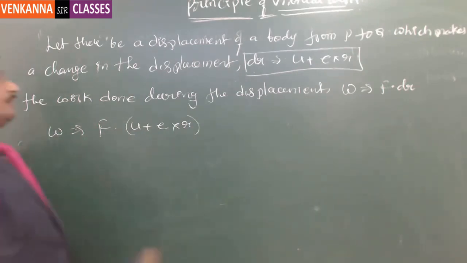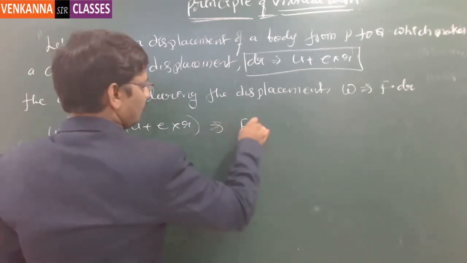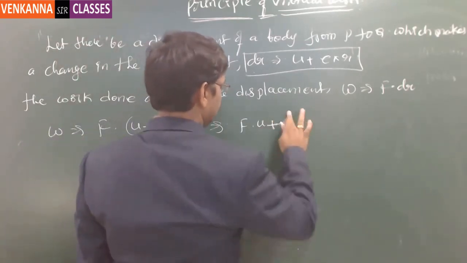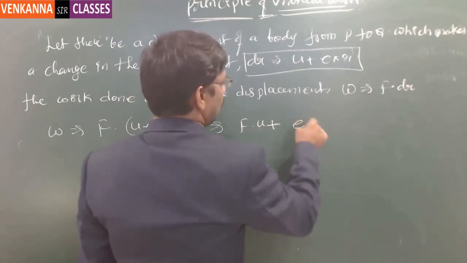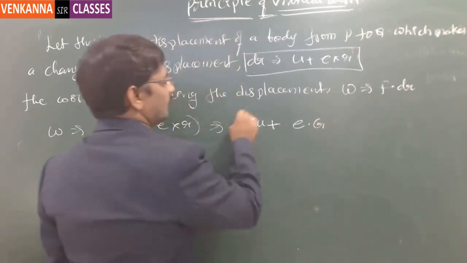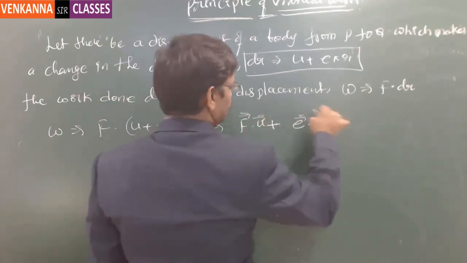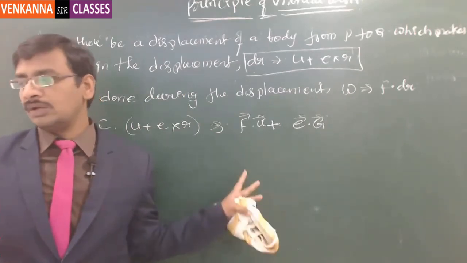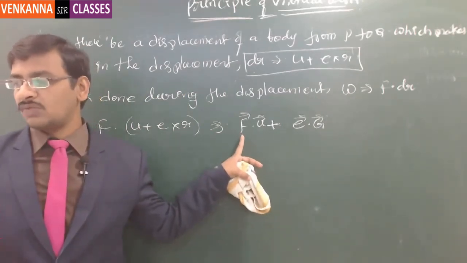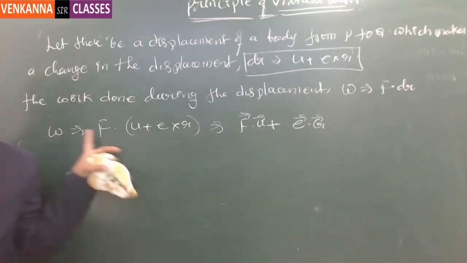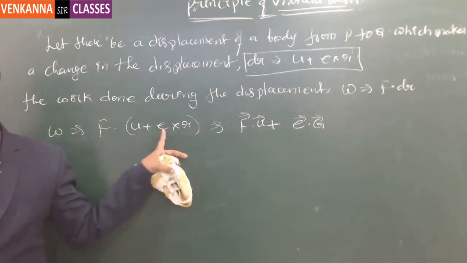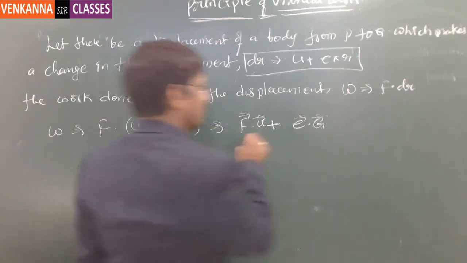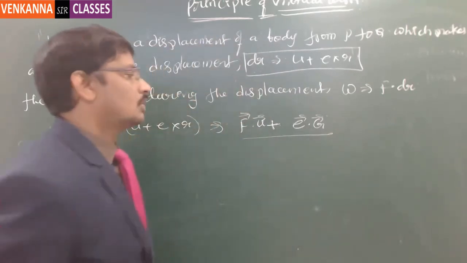We have simplified this into F dot u plus E dot G. This is the total work done, because any system of coplanar forces we can bring into a system of forces acting at one point along with a couple of G. Here also, E dot F cross R is nothing but G. Got it? So F dot U plus E dot G is the total work done.